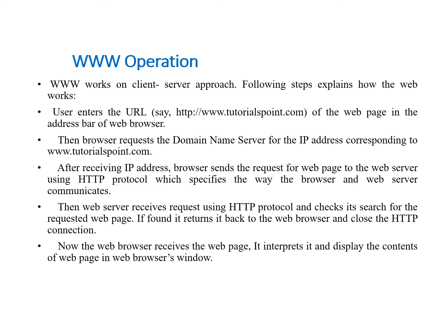After receiving the IP address, the browser sends the request for the web page to the corresponding web server using the HTTP protocol. Then the web server receives the request using this HTTP protocol and searches for the requested web page. If it is found, it is returned back to the web browser as an HTTP response object, and finally it closes the connection.